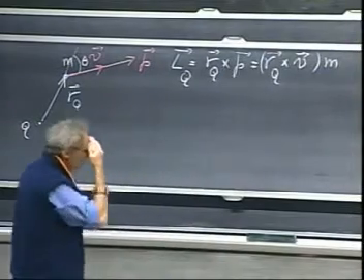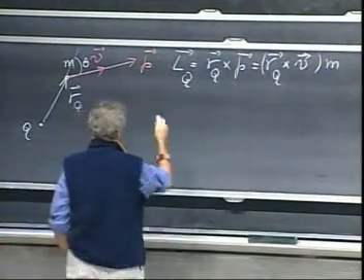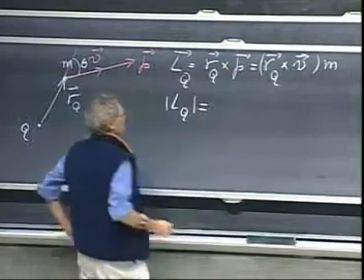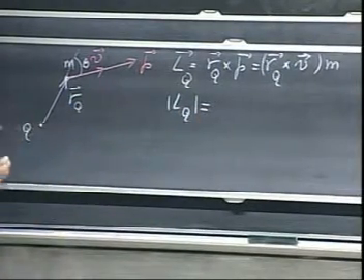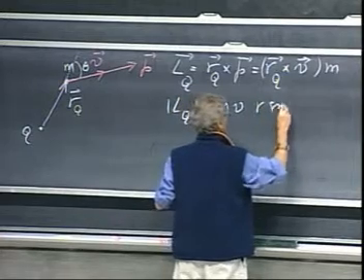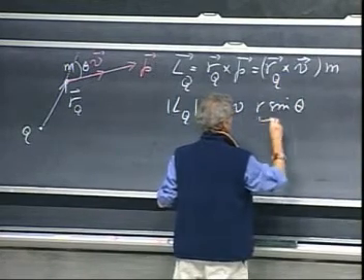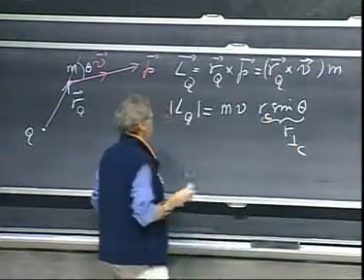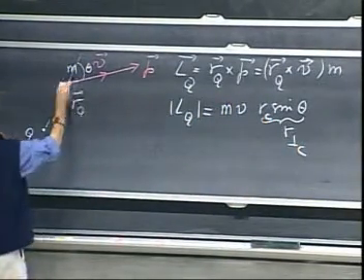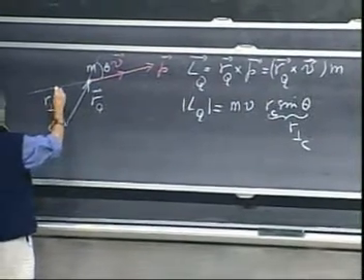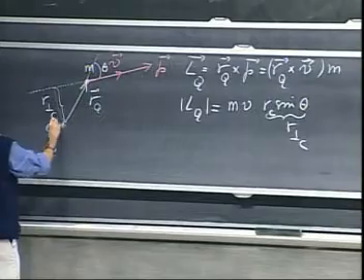The magnitude of the angular momentum relative to point q is of course rmv, but then I have to take the sine of the angle theta. So let's say it is mv r sine theta, and this I often call shorthand notation r perpendicular. That r perpendicular is this distance relative to point C.